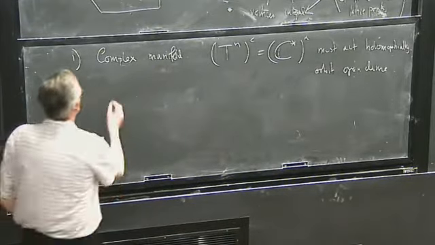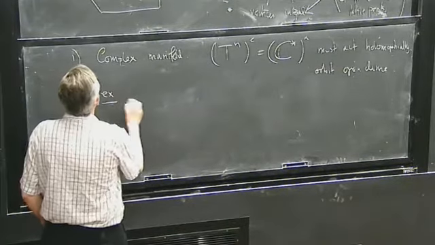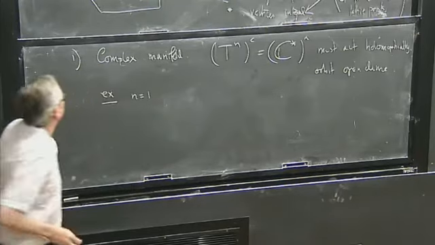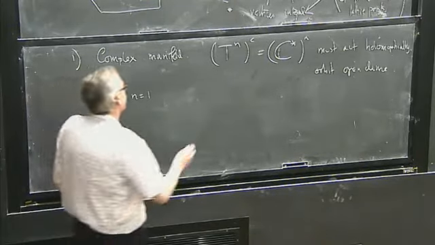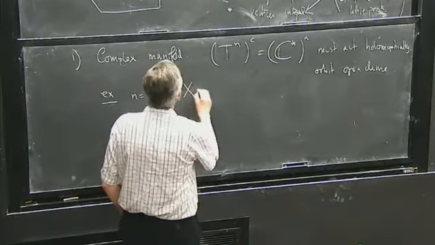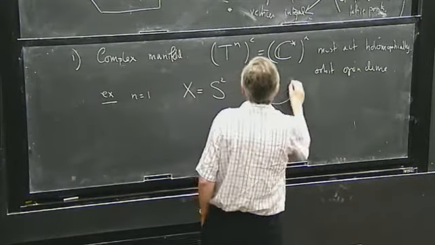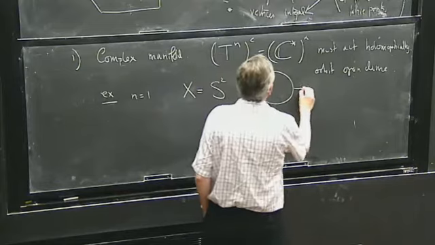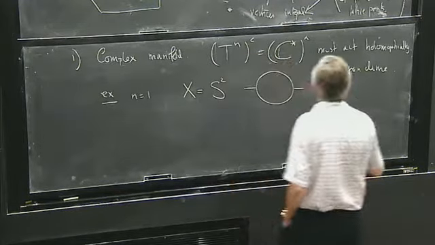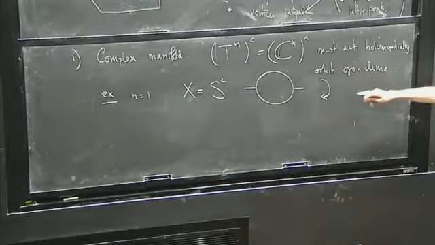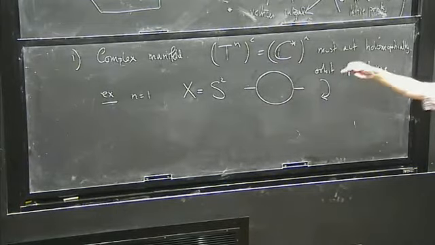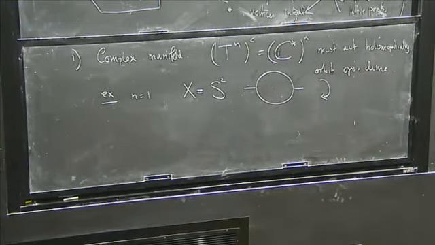The basic example would be if n is 1 and X is just going to be the two-sphere. Of course, our torus is now just the circle acting by rotating the two-sphere in the standard way.